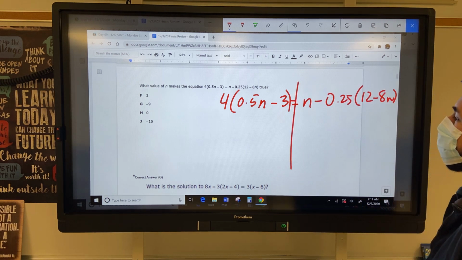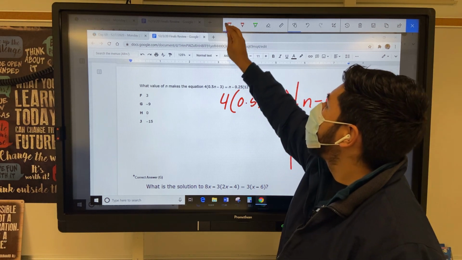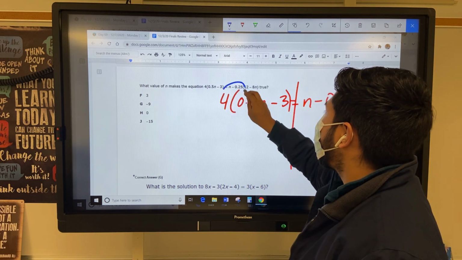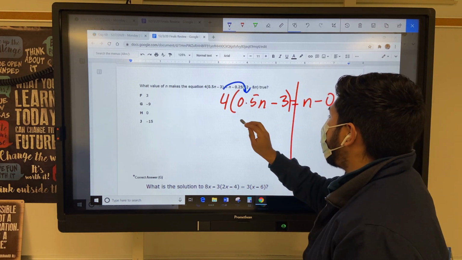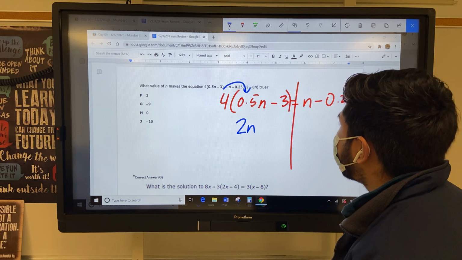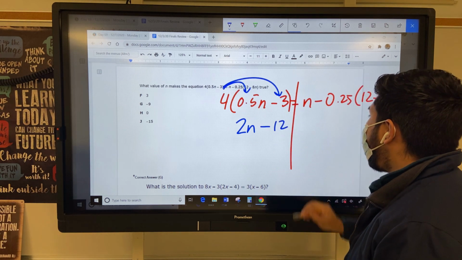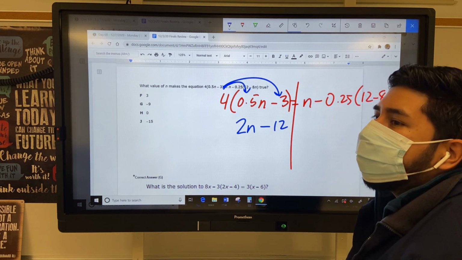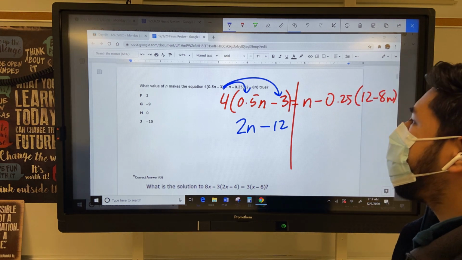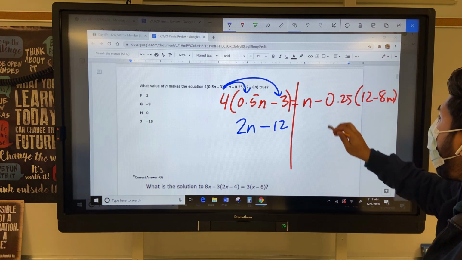Very long problem, but we can do it. 4 times 0.5, that's 2, and 4 times negative 3, negative 12. Again, I'm reviewing, I'm not teaching because we've already done this.